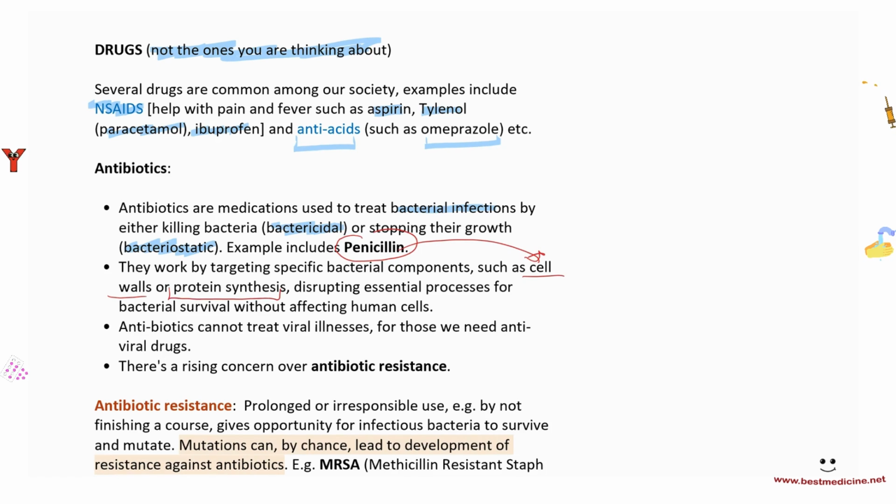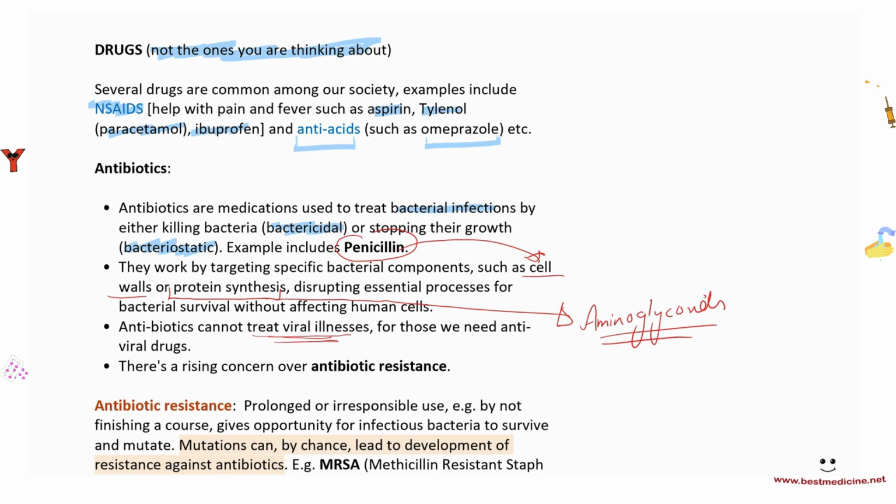Or protein synthesis. A group of antibiotics, I can tell you this, however you don't need to know, are the aminoglycosides, for example. Very common. You might have heard of them before. These are very popular and they stop protein synthesis. Or they disrupt essential processes for bacterial survival without affecting human cells. So antibiotics cannot treat viral illnesses.